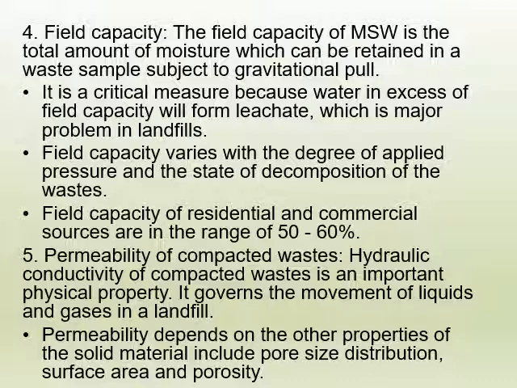So the permeability of compacted waste will affect the movement of liquid, meaning leachate here, and the landfill gases. Permeability depends on other properties of the solid waste material like pore size distribution, surface area, and porosity also.